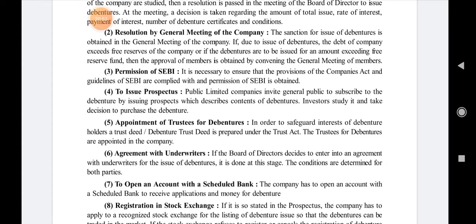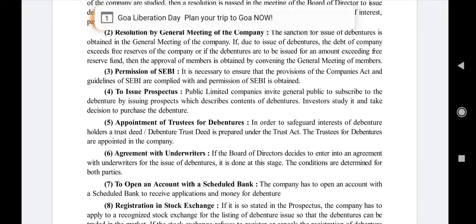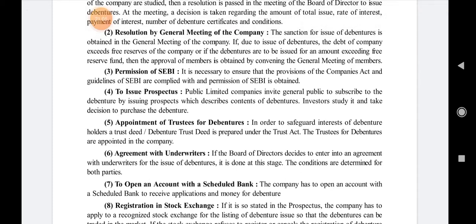For the public limited company, a prospectus should be issued to invite the general public for the subscription.